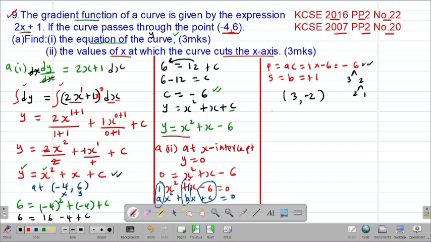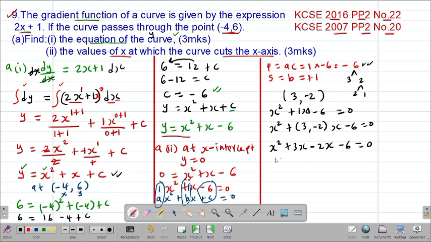So it means that my equation, which was x squared plus 1x minus 6 equals 0, will become x squared plus 3 minus 2 x minus 6 equals 0. So clearly this will be x squared, 3 times x I'll get positive 3x, then minus 2x, then minus 6 equals 0.